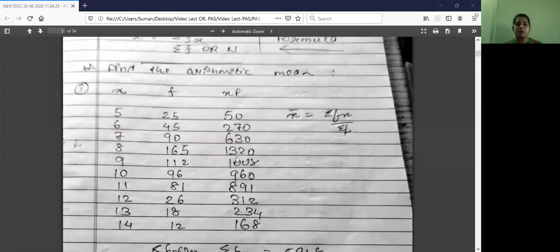So our formula for the arithmetic mean is x bar equal to summation fx upon summation f. Fx means multiplying the frequency with the variable, then we sum this column and divide by summation f. Summation f we also write as capital N. Okay, so this is an example.